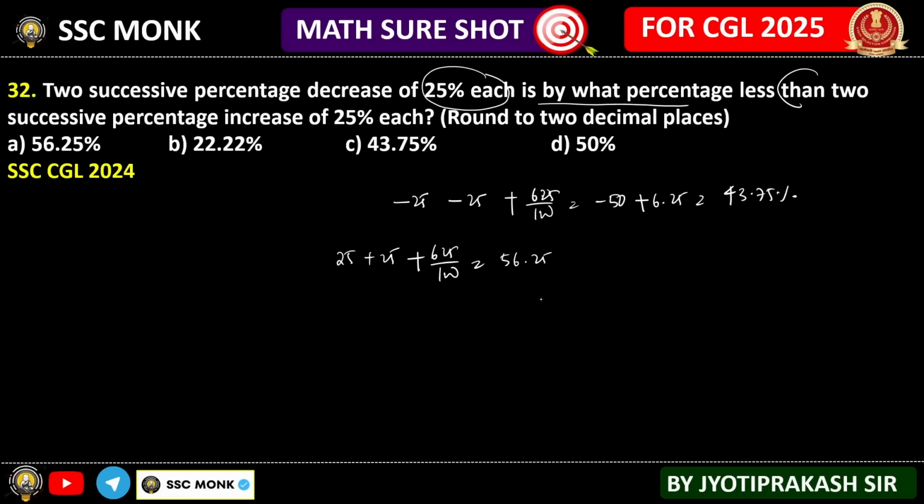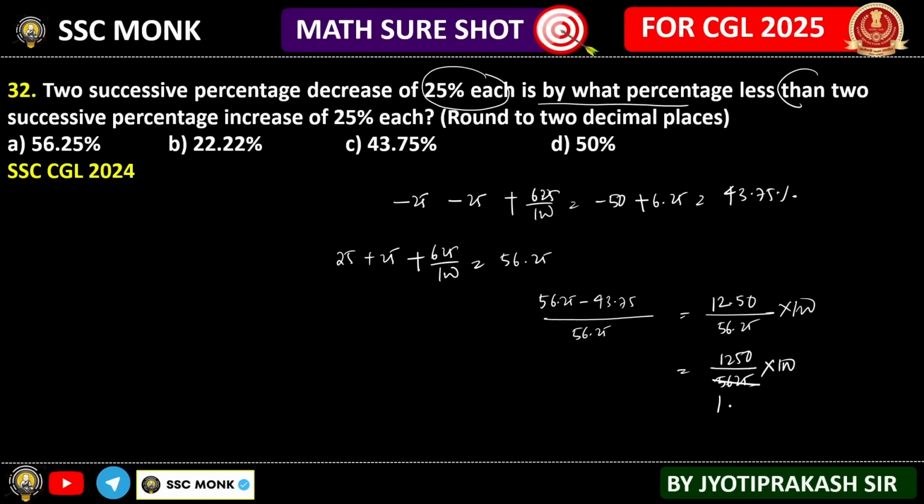Now sir, what is the difference? Difference is 56.25 minus 43.75 upon 56.25, because it is less than this. This can be written as 12.50 divided by 56.25 into 100. Both sides have 2 decimals, so I can write 1250 divided by 5625 into 100.